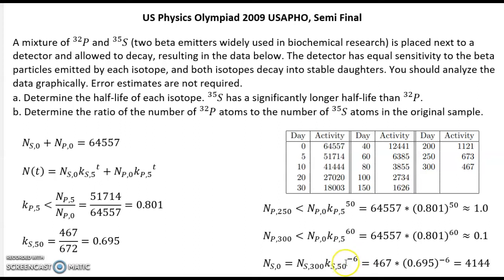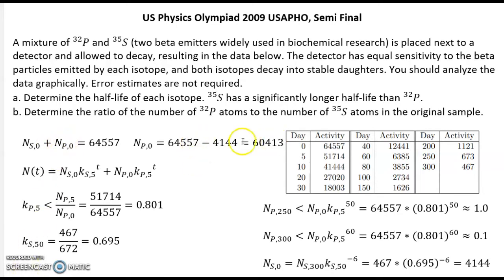And negative means that we count what the initial activity was. That was 4144. So now we can use this formula to find the initial activity for element P.